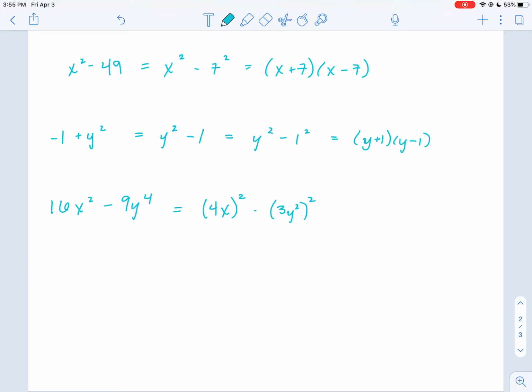All right, and now I have that precise form again from my formula. I have one thing in parentheses squared minus one other thing in parentheses squared. So now I'm allowed to use it. So here I'm going to do 4x plus 3y squared, one set of parentheses, and I'll do that 4x minus 3y squared in the next set. That's how you apply that difference of squares rule.